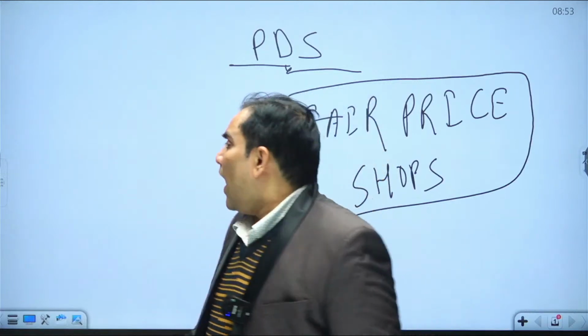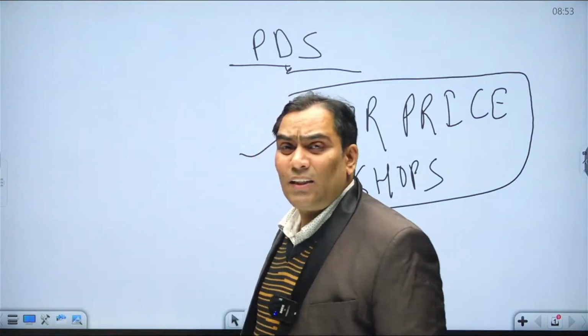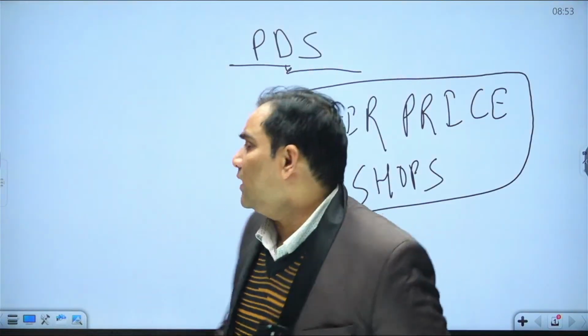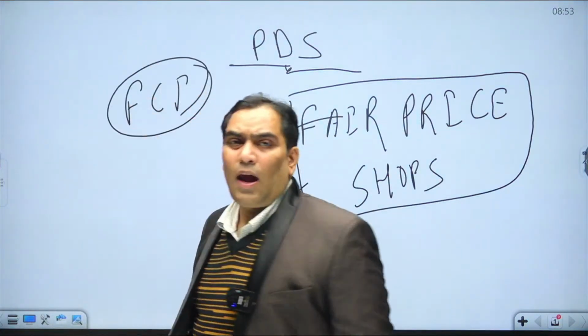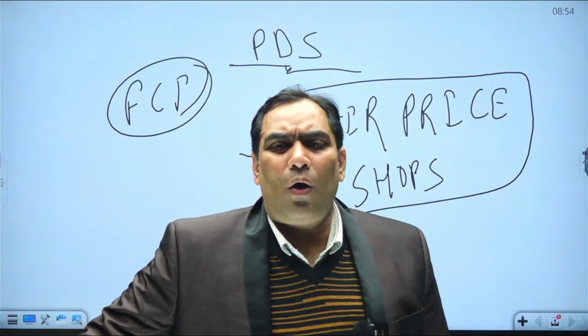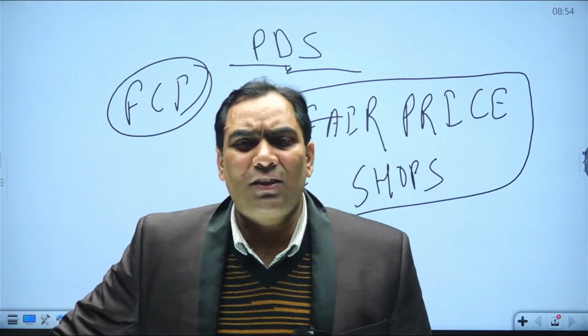And who operationalizes this PDS system? Who is the authority to operationalize this PDS? That is FCI, the Food Corporation of India. FCI is responsible for the operationalization of the PDS system in India.